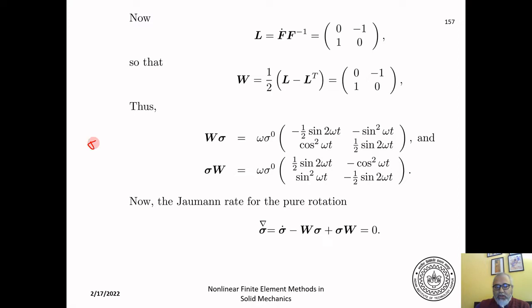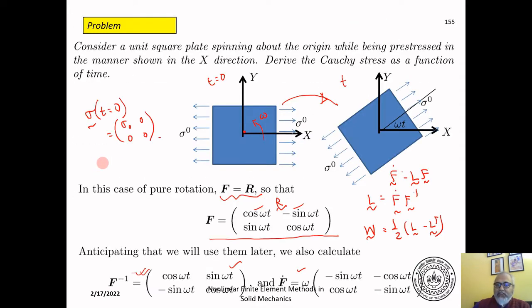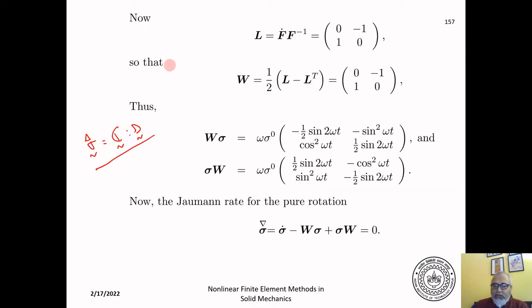So if you frame your constitutive equation as Jaumann rate of stress equal to C times D, then in this kind of a situation, where the body is subjected to a constant stress, you will not get any Jaumann rate.